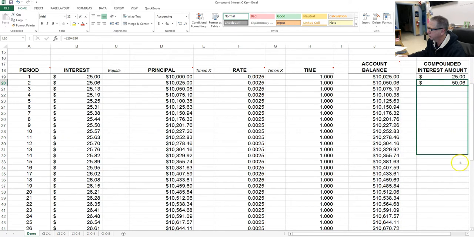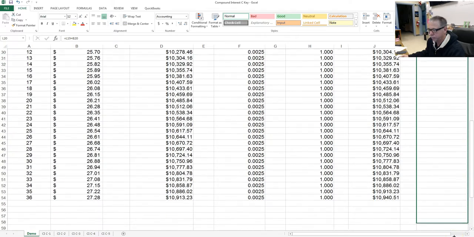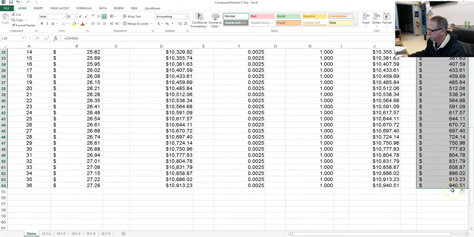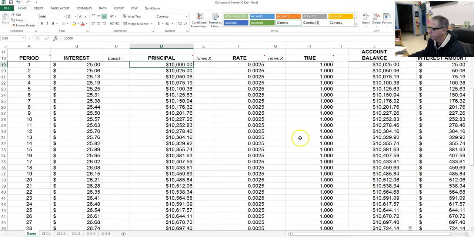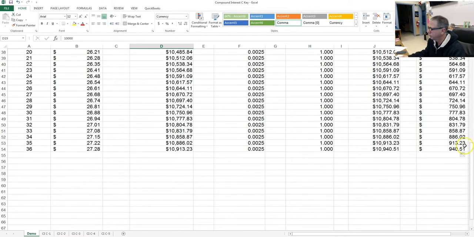Let's see how it looks here. There we go. So at the end of 36 months, we have a total amount in the account of $10,940.51. Now remember, we started with $10,000. So how much interest did we earn? $940.51 is the total amount of interest that was earned on that money over a 3-year period.